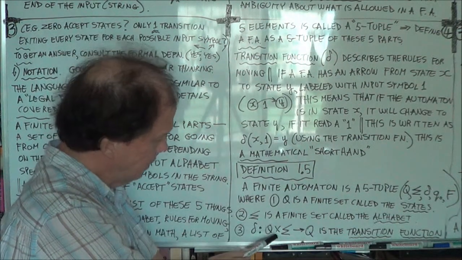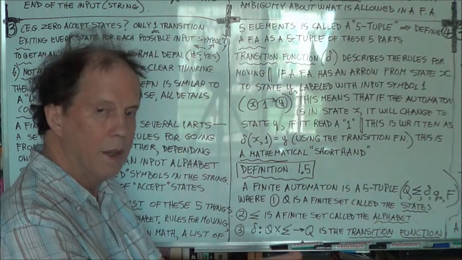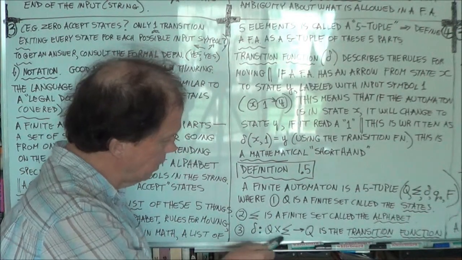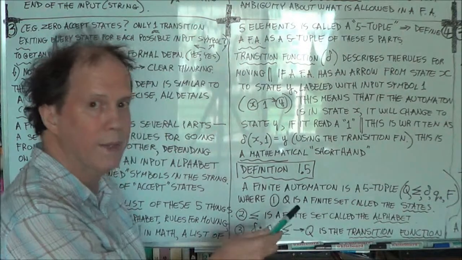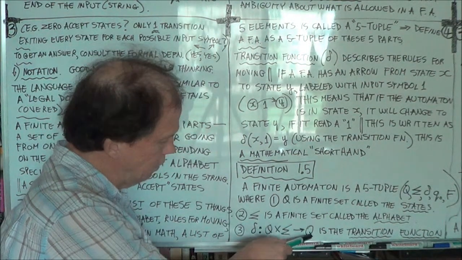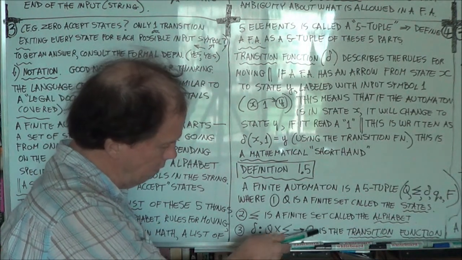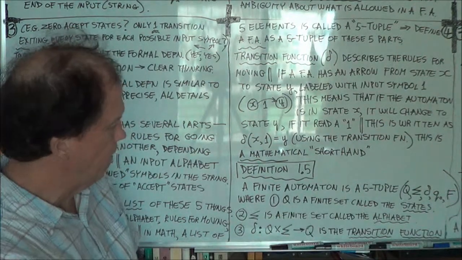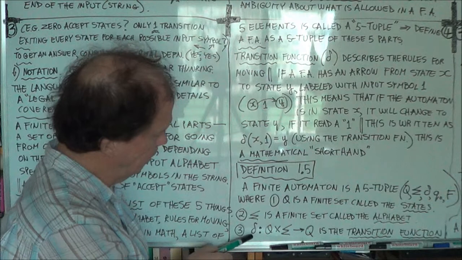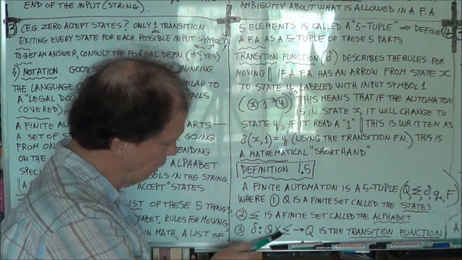Okay? So more intuitively, your delta is a transition function, and it maps a combination of the current state and the input signal currently being read. So it's one of these ordered pairs, right, of all possible, and maps that ordered pair into the next state, which will be some state, and that'll be a member of Q. Okay, so that's probably the hardest part so far. But it's precise. It's in mathematical terms. Cartesian product.